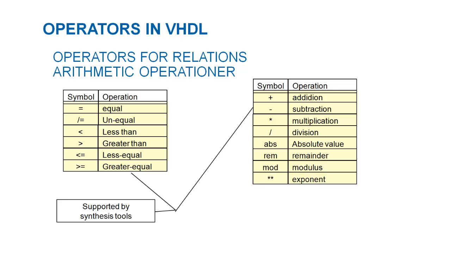All the logical operators are supported for synthesis, whereas only a restricted number of arithmetic operators are supported for direct synthesis. And we need to be familiar with which synthesis tool supports what, or if we need to buy another module or algorithm or component that can help us to do a particular function or operation.